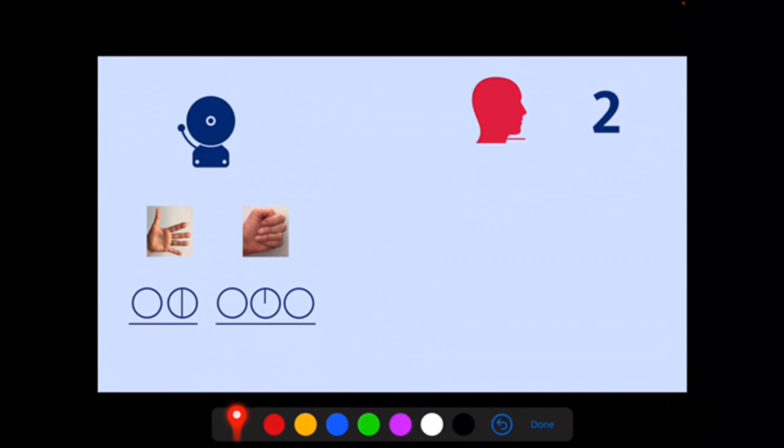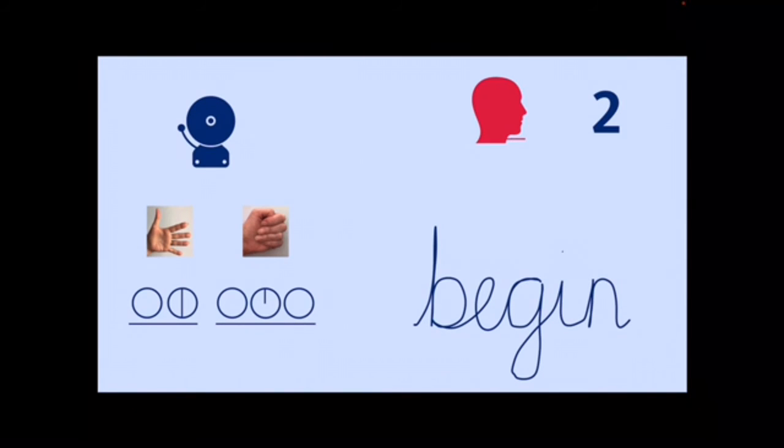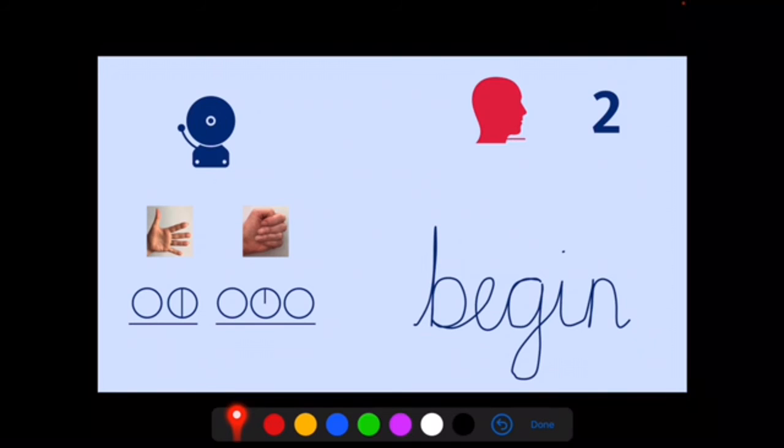So I have got B is B. E is the letter E because I heard it at the end of a syllable. And then gin. I can see a letter G. And even though it's followed by an I, in this word, I still say G. Begin.